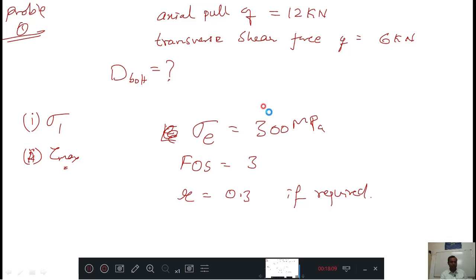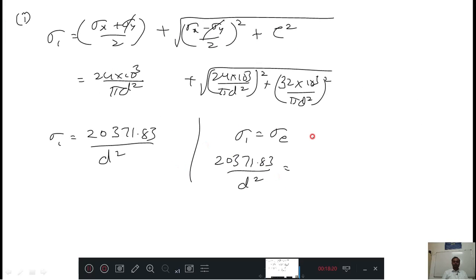No, it is not 300 MPa, I think this is 100 MPa it is given. No problem, take the same problem only. Oh, sorry, this is 300 MPa only, the strength is given.